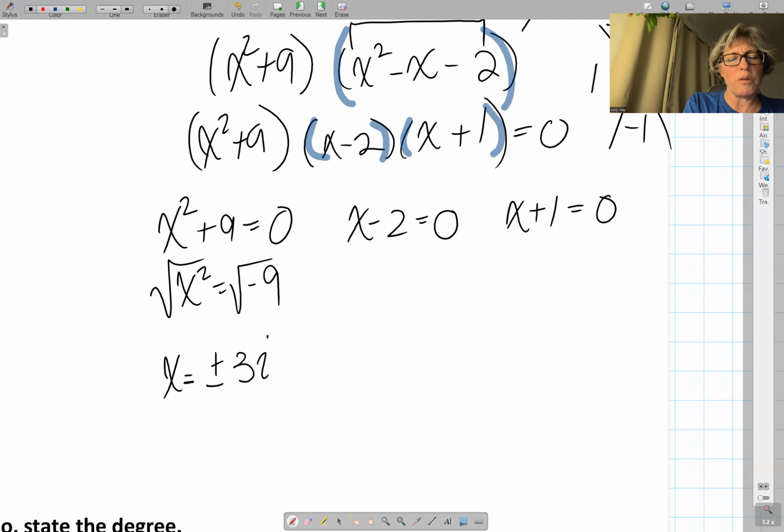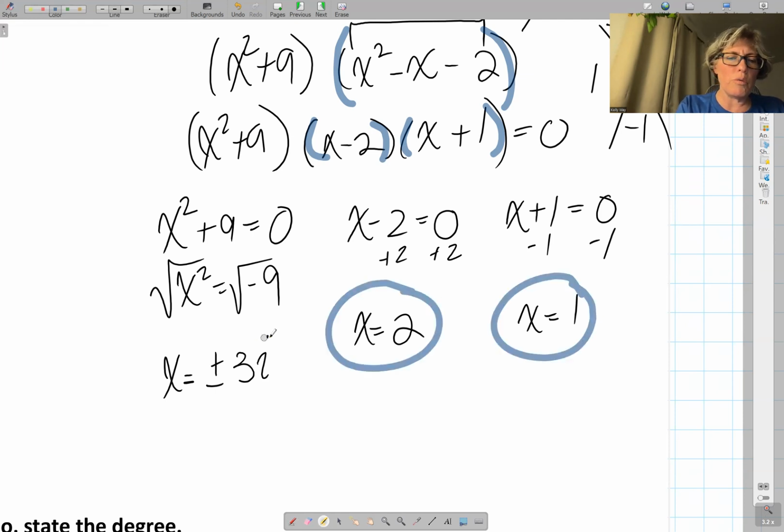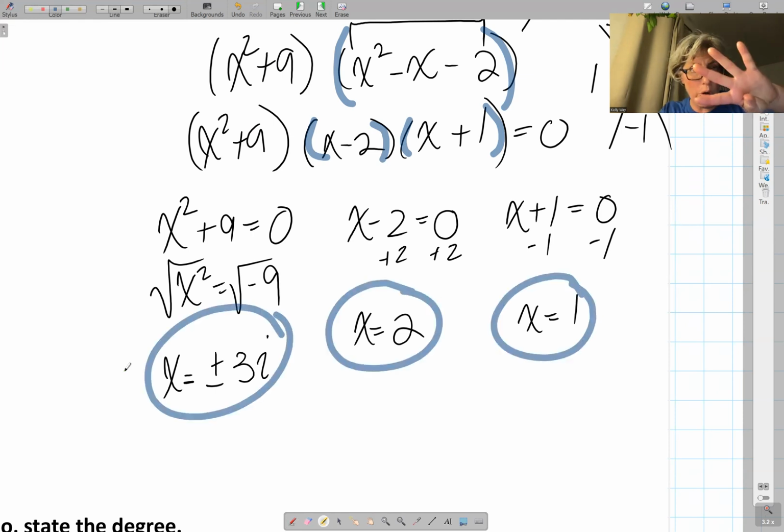So x equals plus or minus 3i. Plus 2, that's an easy one, so x equals 2. So far we have 3 zeros. And here, of course, x equals negative 1. So we have a total of 1, 2, 3, 4 zeros for this particular problem.